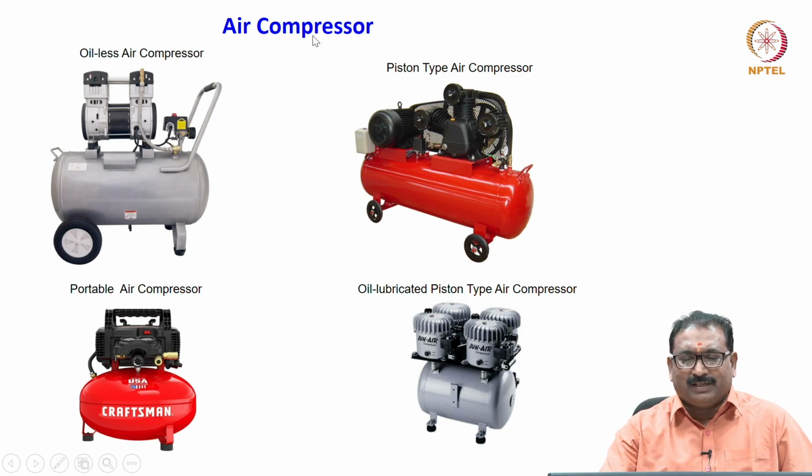Just see here friends, the air compressor consists of the air tank horizontally mounted, or sometimes vertically mounted to save space. Then the electric motor to drive the compressor. Here the whole unit is the air compressor, power source, air tank, and electric motor to drive the compressor.